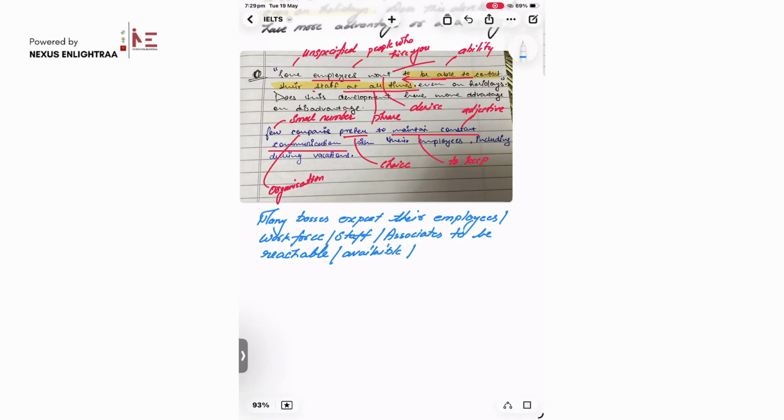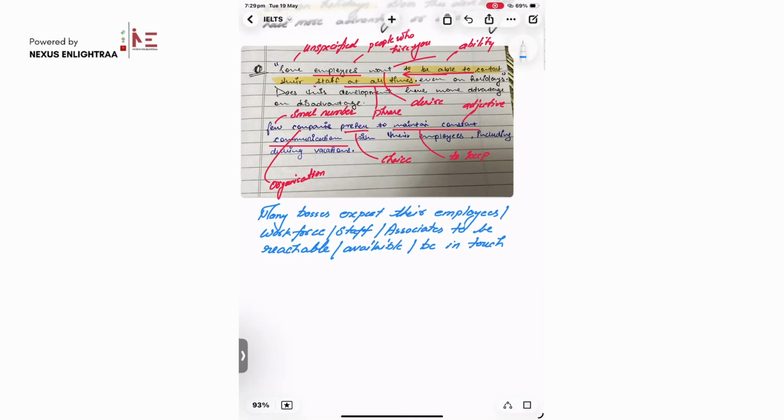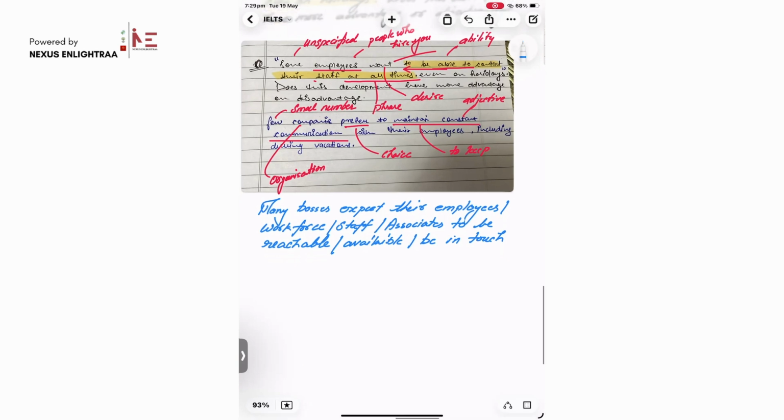Be in touch. I'm just giving you variation. Once we start writing, we will pick up the best one, okay? Be in touch. And what does it say? At all times, be in touch 24 by 7.